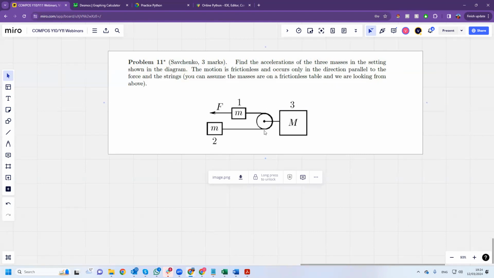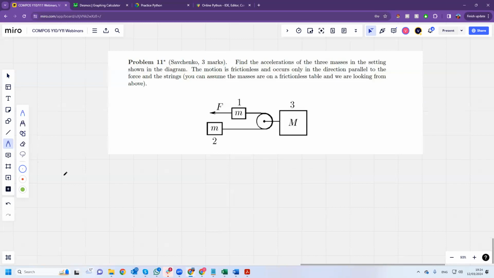They certainly will be moving because there's tension in the rope. Because as tension is not 0, 2 will be moving right.